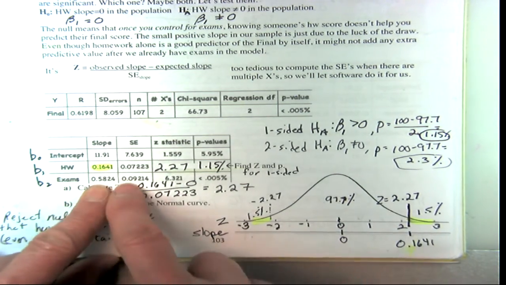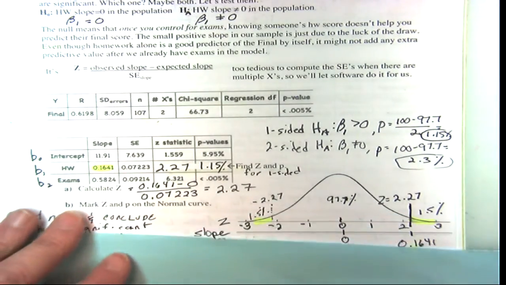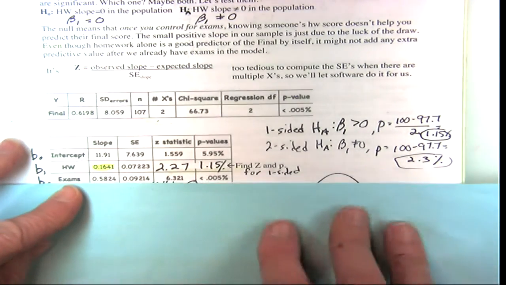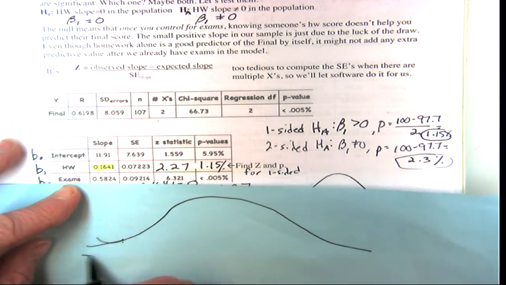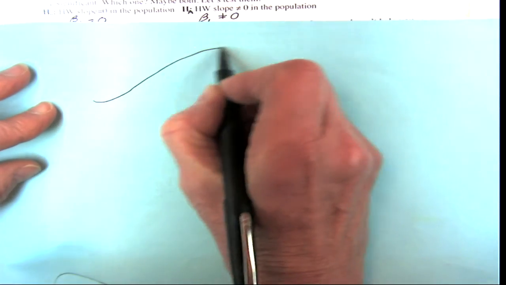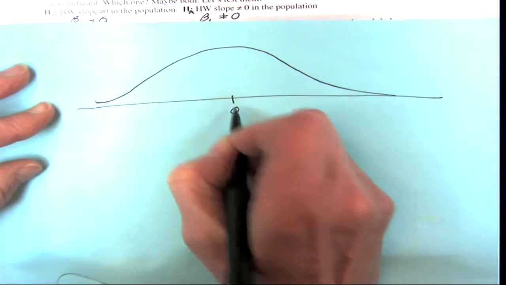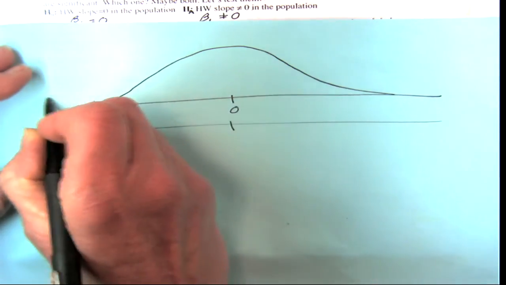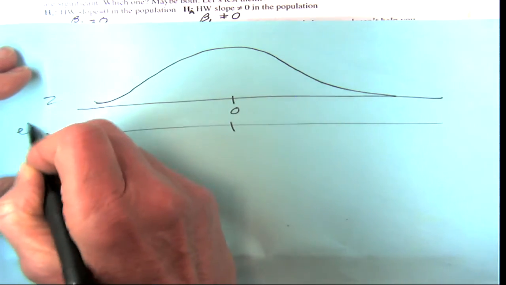So a slope of 0.5824, I'll draw another picture. What would it look like? Well, you'd have the normal curve, right? And that's 0 as both a z and a slope. And we're talking about exams now.